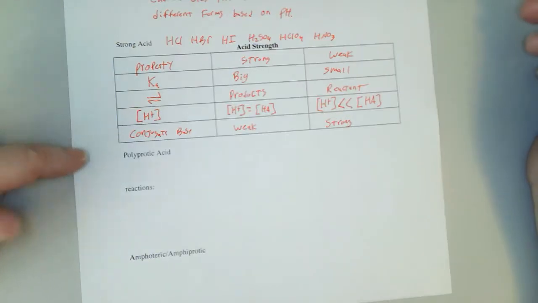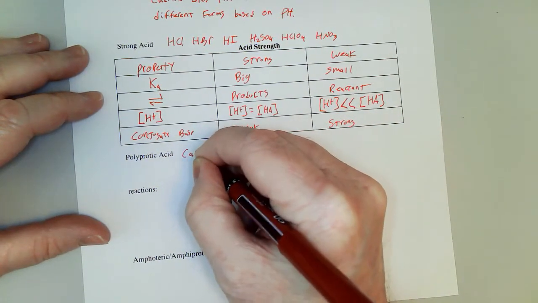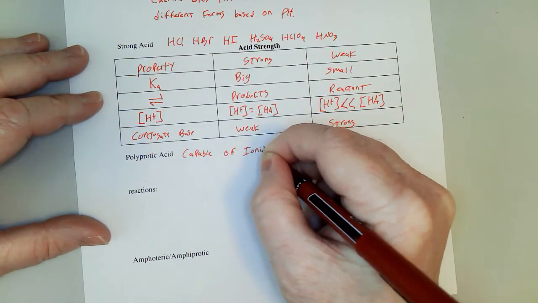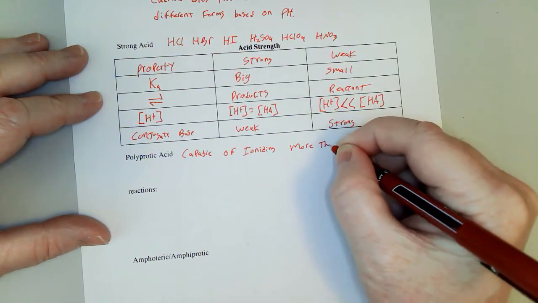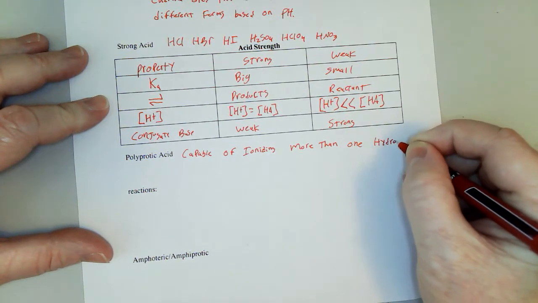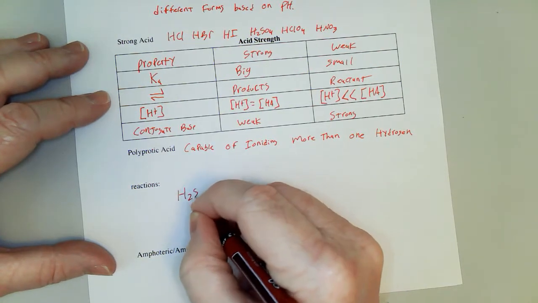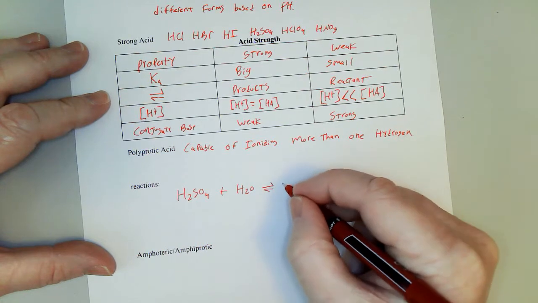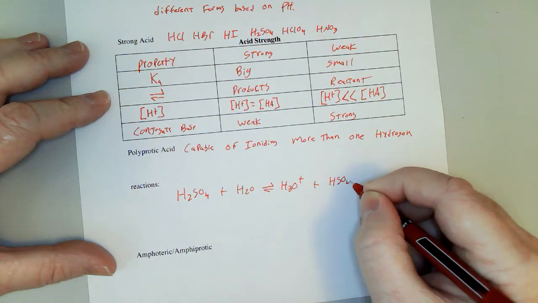Okay, how about polyprotic acids? Polyprotic acids are capable of ionizing more than one hydrogen. So, H2SO4 can react with water, and stepwise, the first step is that it gives off H3O plus and then HSO4 minus.